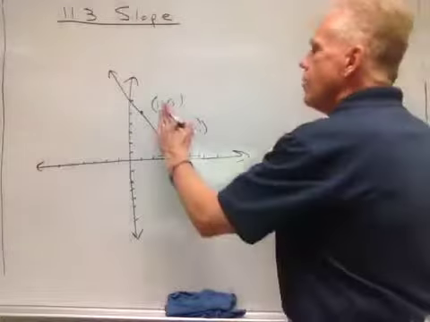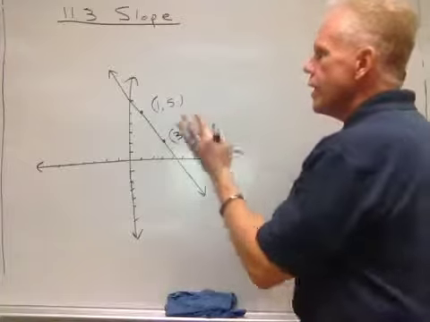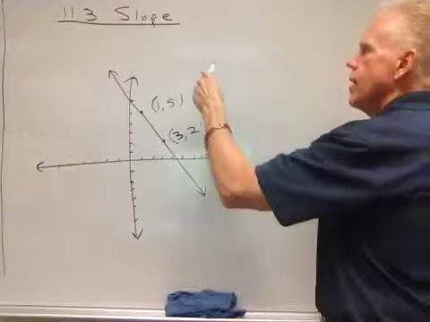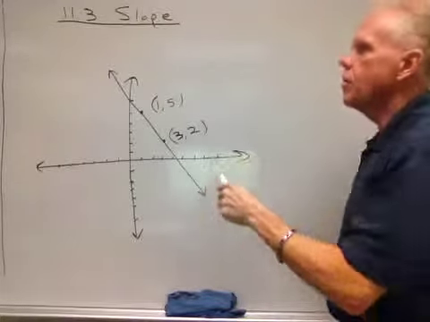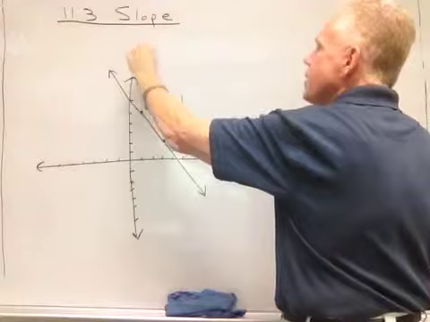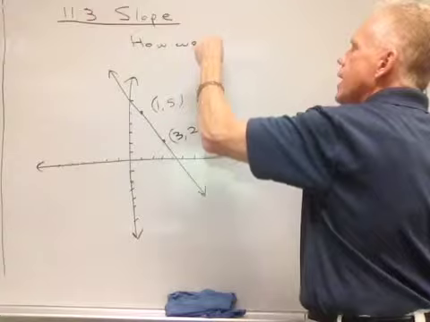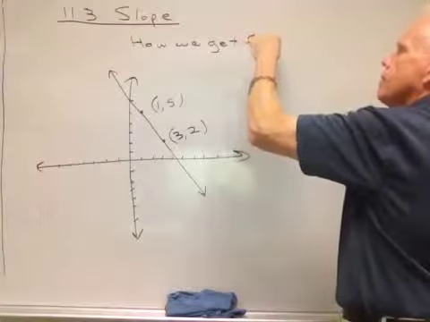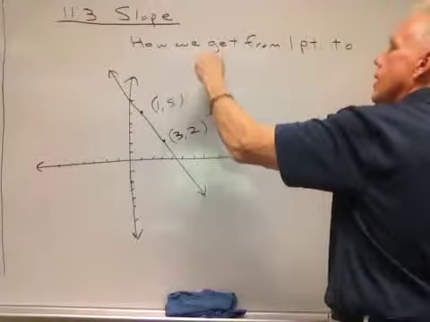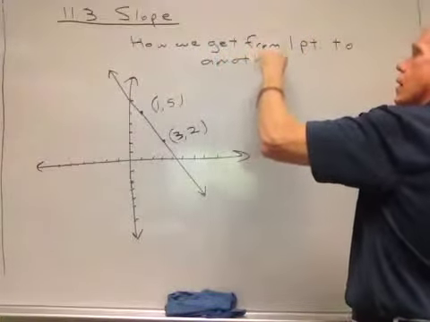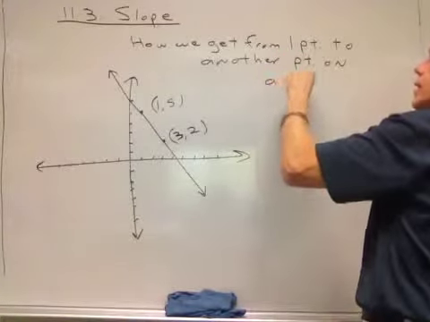All right, so when we look at this slope and we see these numbers here, another way I want to describe slope, another way to kind of define slope, slope might be how we get from one point to another point on a line.